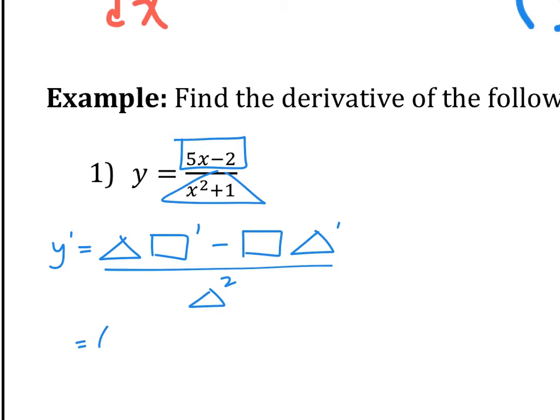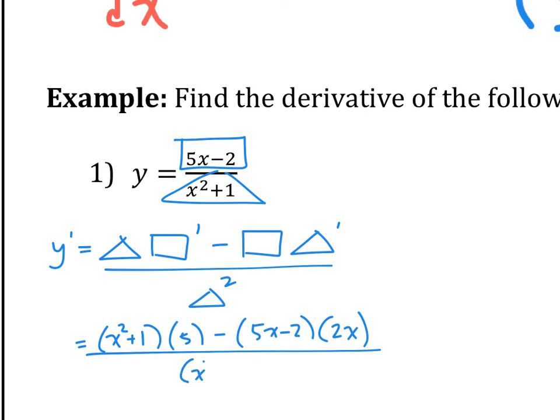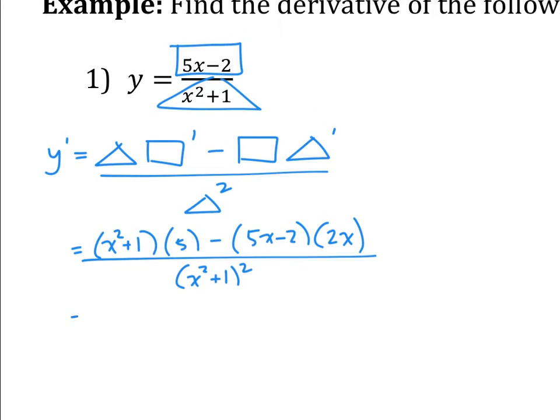Okay, from here we want to just simplify as much as possible. This is basically algebra from this point on. Please don't make any small algebra mistakes, and I will also try not to make small algebra mistakes. So this is 10x squared minus 4x all over the denominator squared.